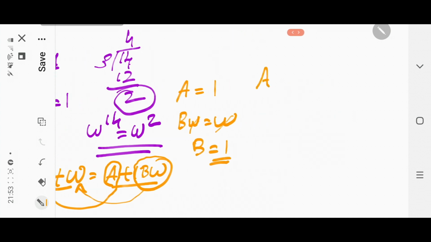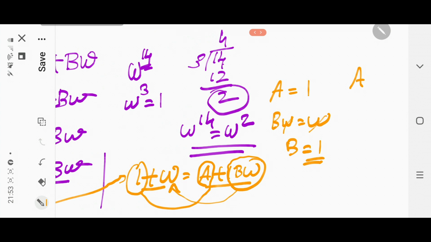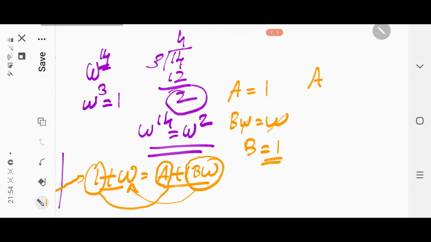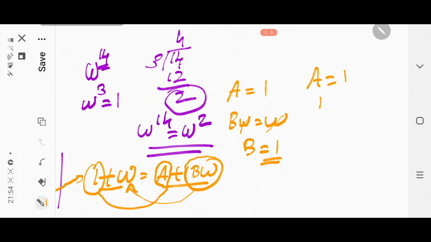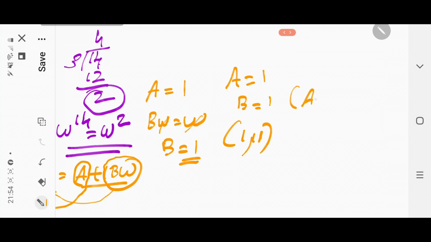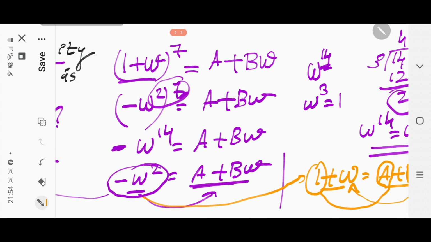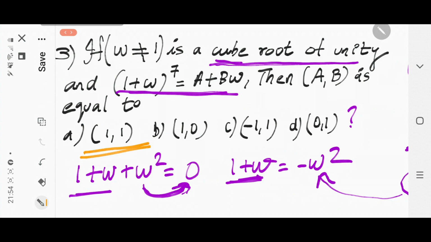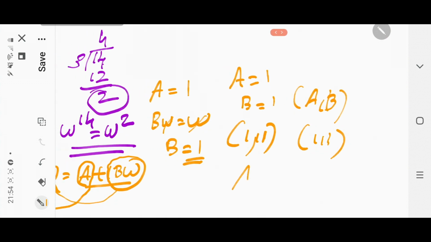Therefore, when you compare both sides LHS and RHS, you find the coefficients A and B: A is 1 and B is 1. When you write the ordered pair, you write (1, 1). The question is to write what is (A, B), that means we can write (1, 1). And (1, 1) is which option in this question? Option A. Therefore the answer for this question is A. Is it clear? Okay, thank you.